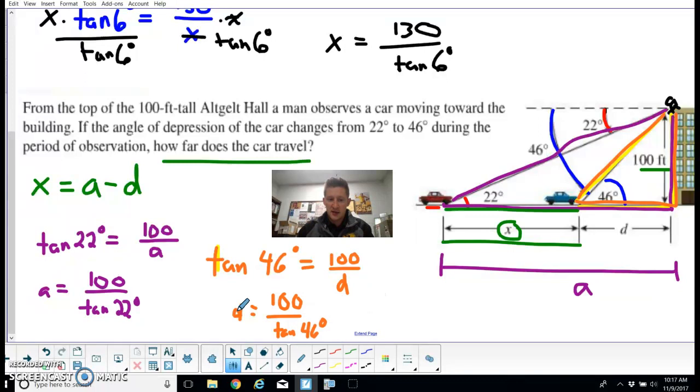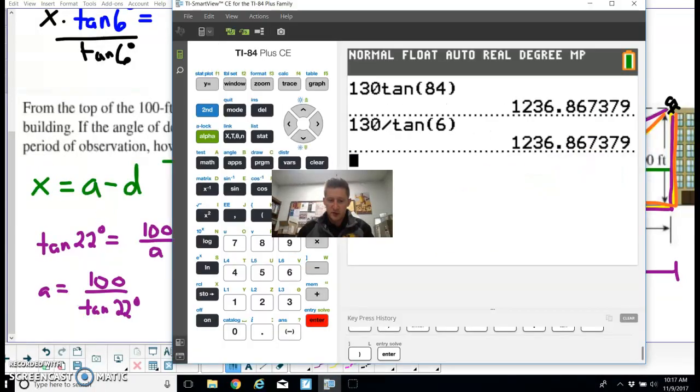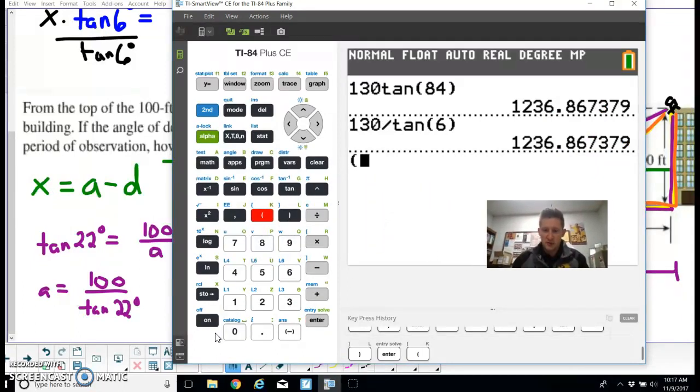Remember that A minus D is going to give me X. So we keep that in mind. On our calculators, we'll put parentheses around 100 divided by the tangent of 22, close parentheses, minus parentheses.